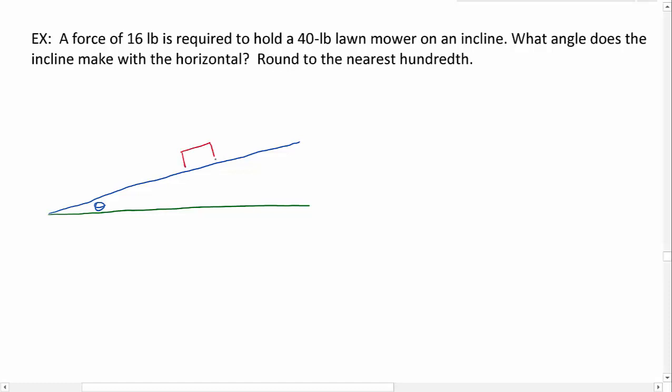So here's my lawnmower. I'm not even going to attempt to draw one. There's the handle. It's a 40-pound lawnmower, so that weight is the vector that is perfectly vertical, which then creates a 90-degree angle with the horizontal.